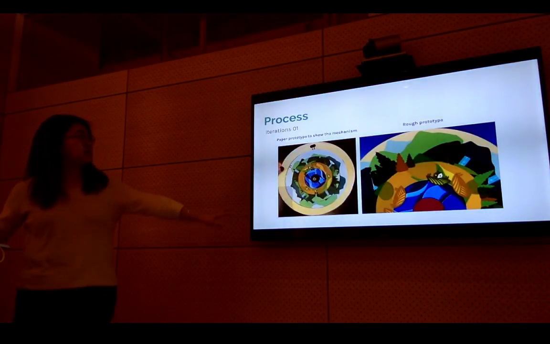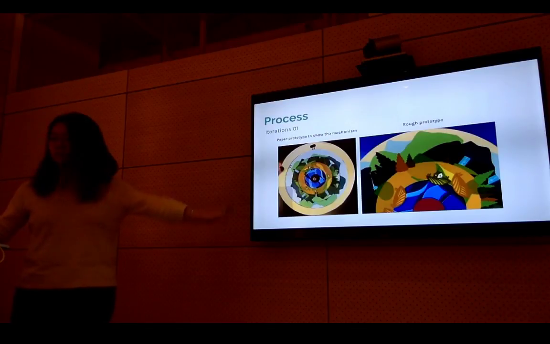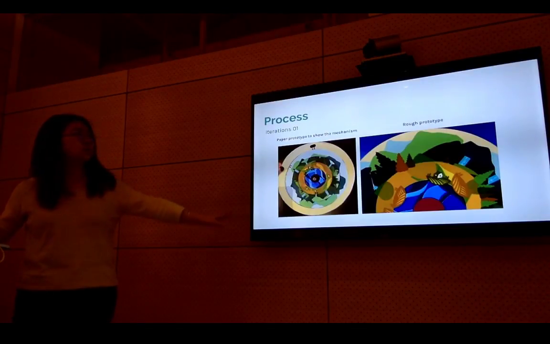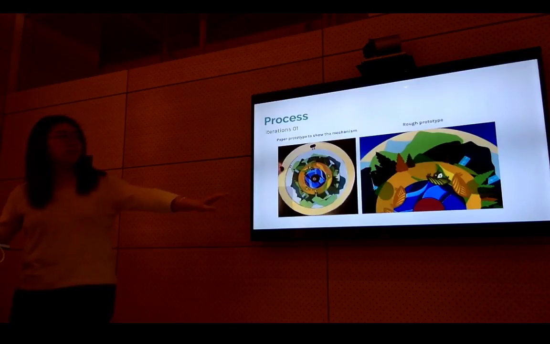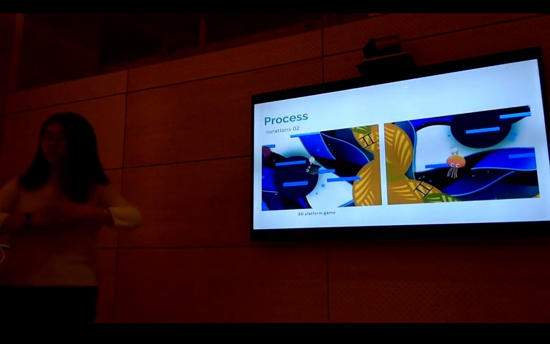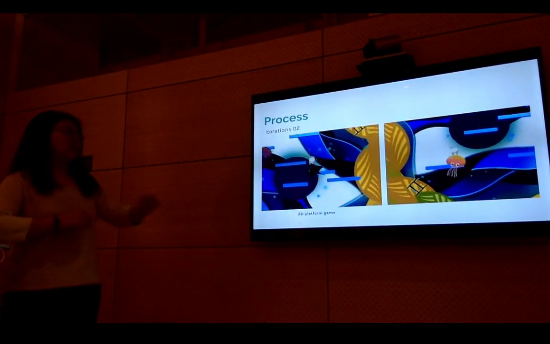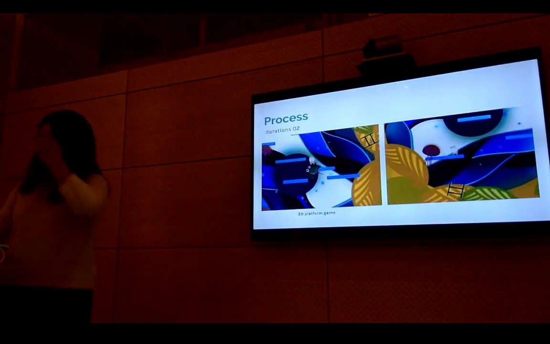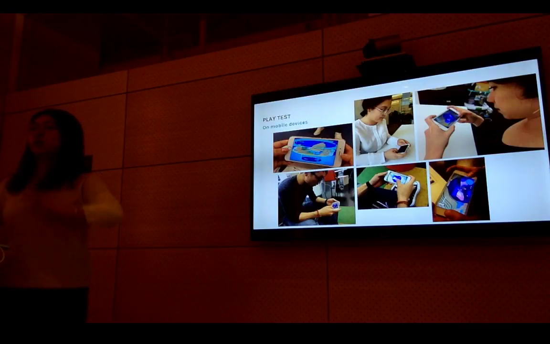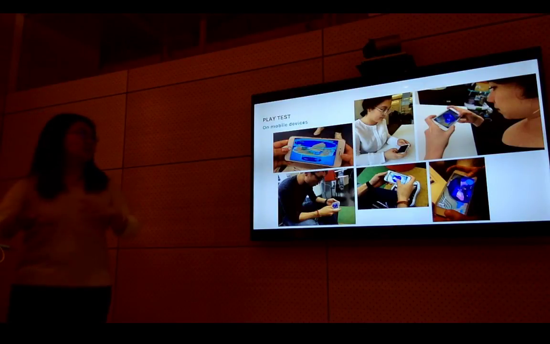The first is making a paper prototype like a ruler to see how this mechanism works, and then a very rough prototype, and then the iterations. This iteration is only in 2D, everything was in 2D. And then finally it goes to the demo I showed.